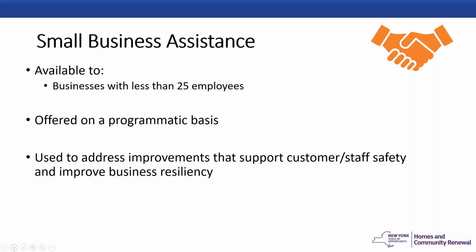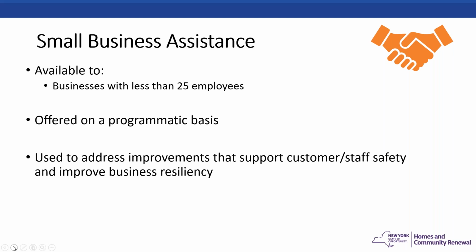While all CDBG-CV economic development activities can satisfy a national objective through the creation or retention of jobs held by or made available to low and moderate income people, micro enterprise activities, that lowest tier, the 0 to 5, can also meet HUD's criteria if the owner is low or moderate income. Our intention is to offer this assistance on a programmatic basis.